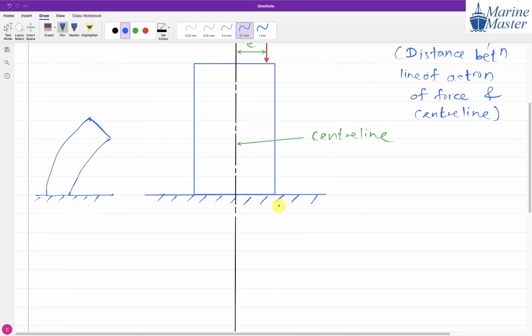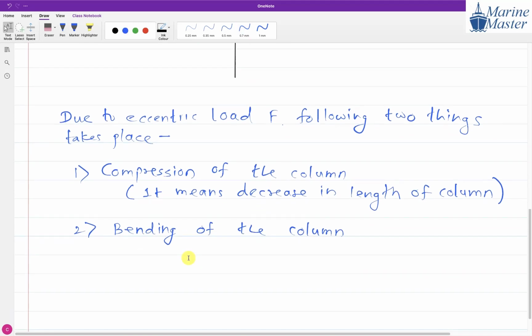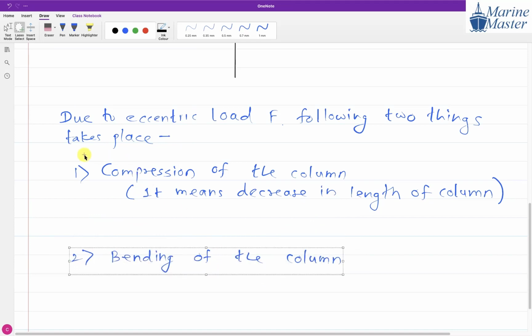So now everyone observe. Don't write anything. Now due to this compression of the column, what is going to happen, guys? Compression means decrease in length of the column.